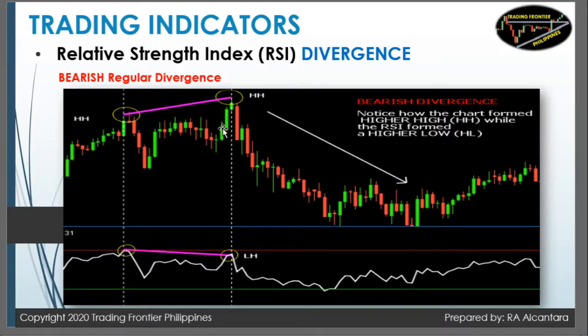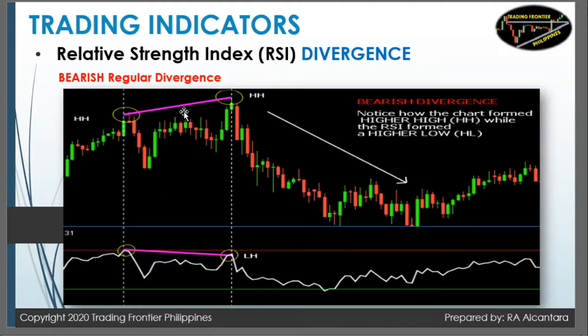So meaning that the price momentum will be going towards the downside, or the market is shifting from a bullish to a bearish market. So that is simply how you can identify divergence on the price chart, and how you can catch the reversal of the market.